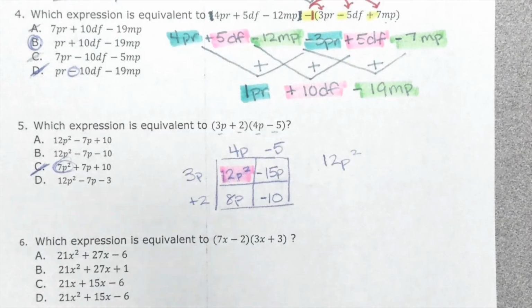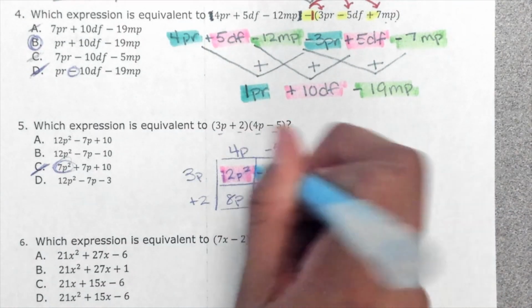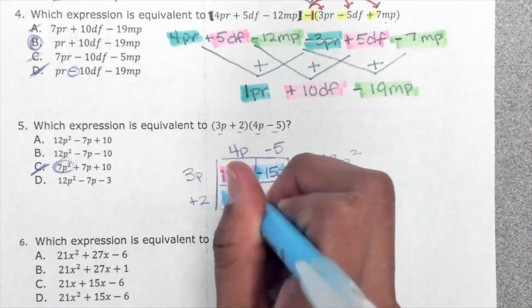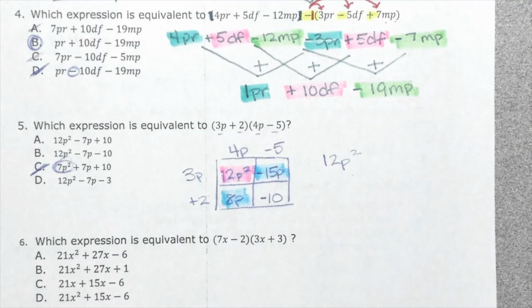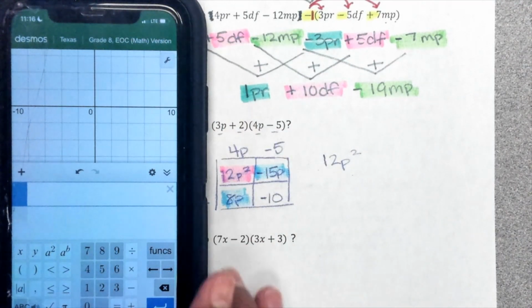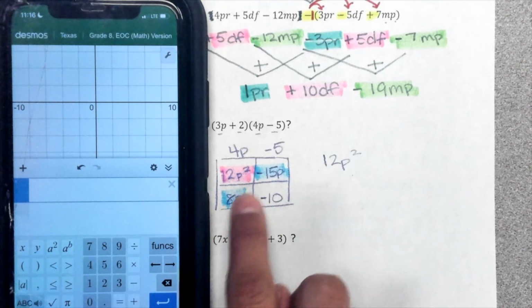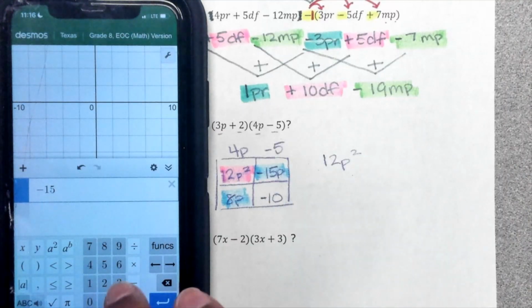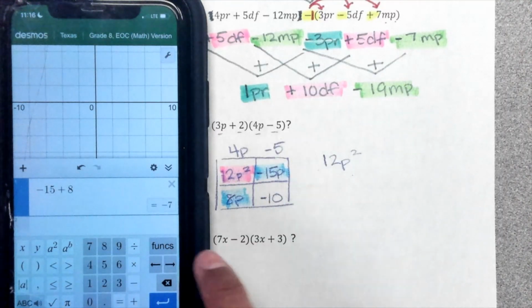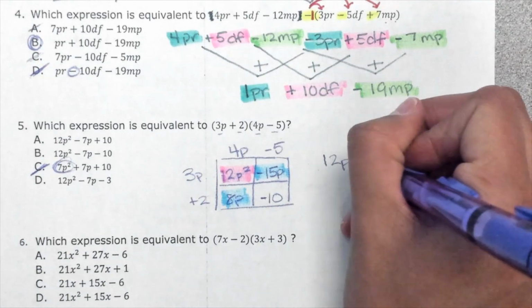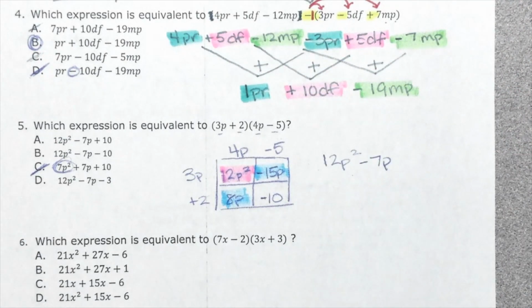Moving on to my next boxes, I have a negative 15p. And I have a like term here, a positive 8p. So that means you have to add those like terms together first to simplify it. So we're going to do negative 15 plus a positive 8, which is a negative 7p. We added our p's together.